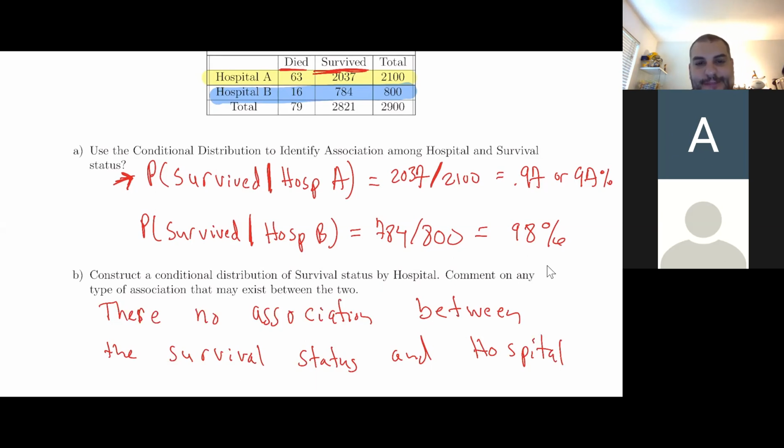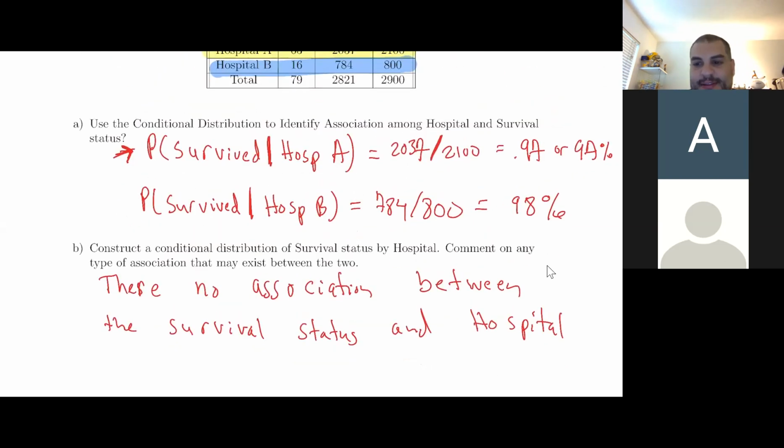All right. And that's it for that problem. Any questions for this last problem?